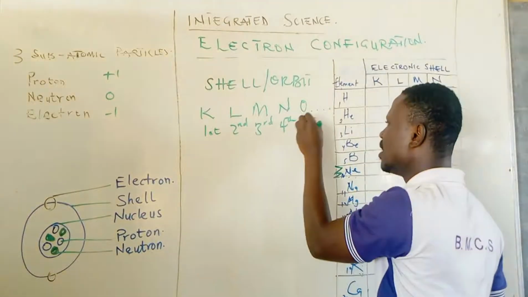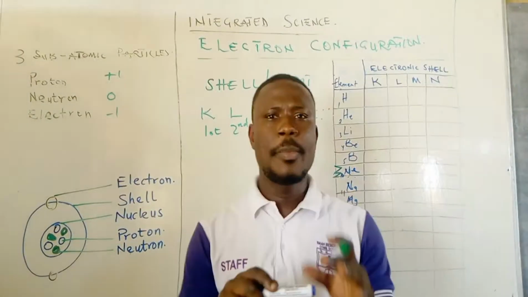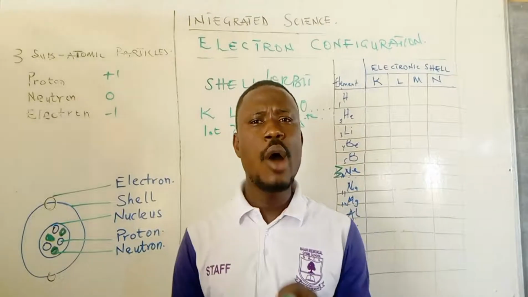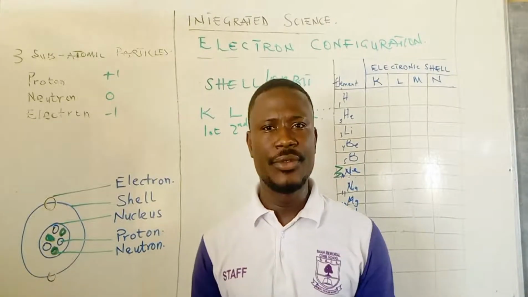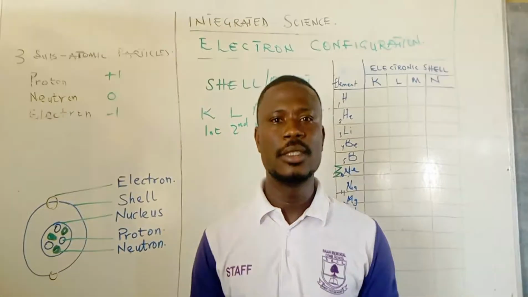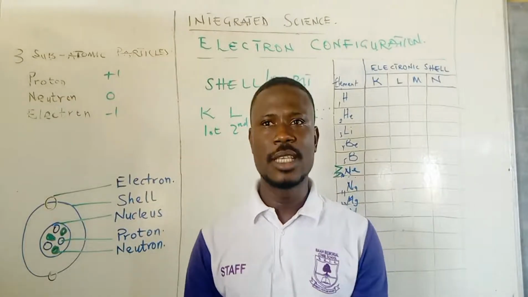For the purpose of this particular lecture, we are looking at how we will be able to draw the electronic configuration for the first 20 elements of the periodic table. And with that, we are going to concentrate on the first four shells, the K, L, M, and N shell.